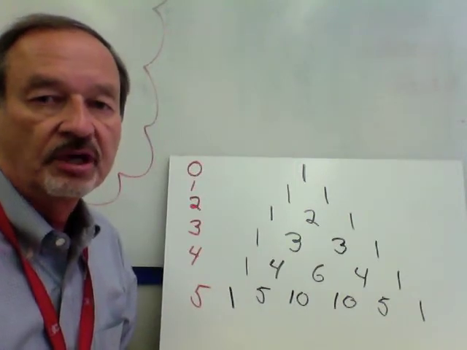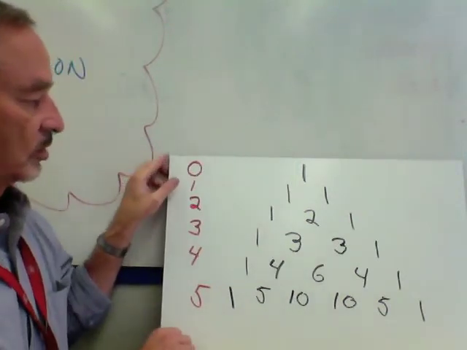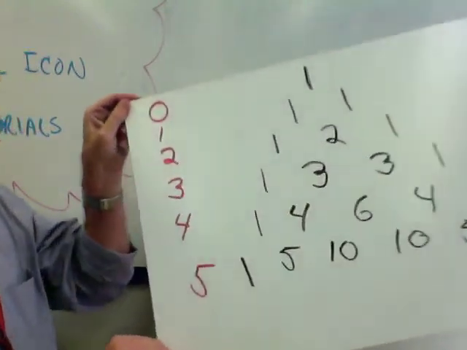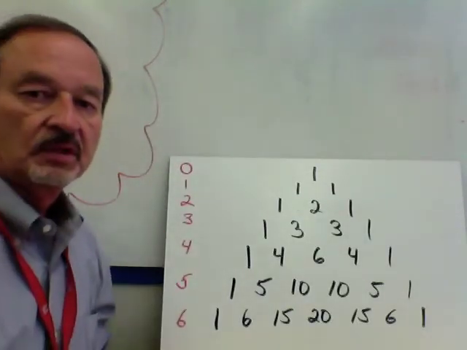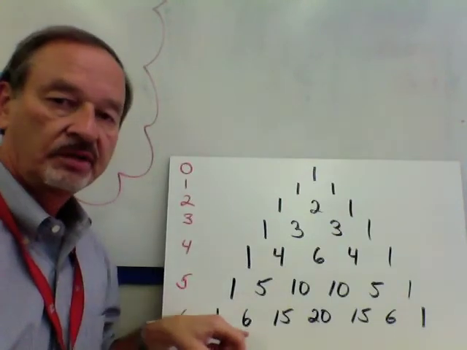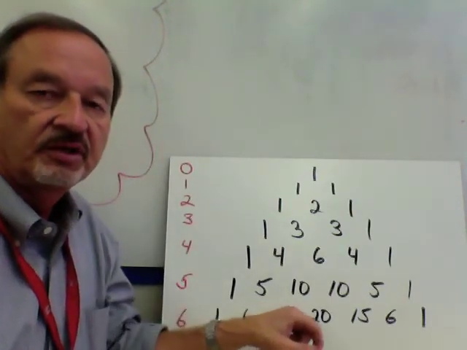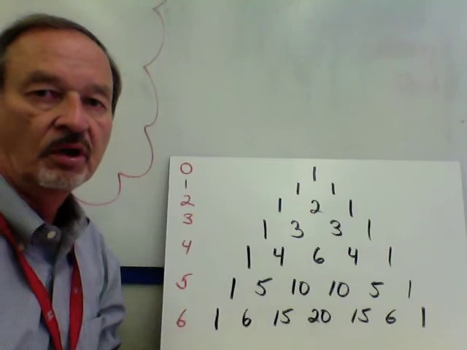Okay, now that you're done, your 6th row of Pascal's Triangle should look like this one: 1, 6, 15, 20, 15, 6, and 1.